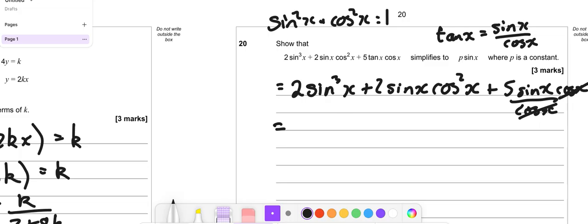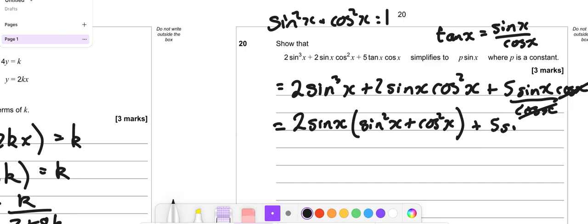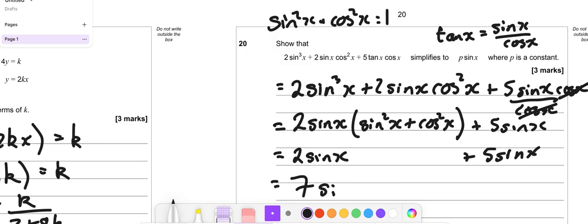And here, I think if I take 2 sine x out, I'm going to get sine squared x plus cos squared x, plus 5 sine x. Now that sine squared x plus cos squared x is 1, so I get 2 sine x times 1 plus 5 sine x equals 7 sine x.